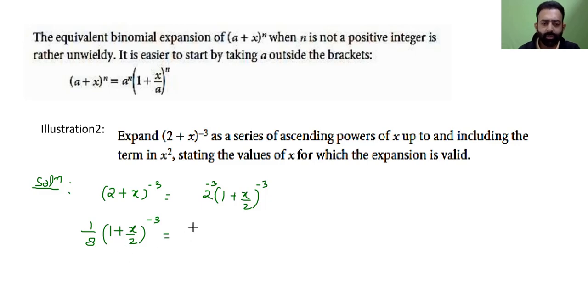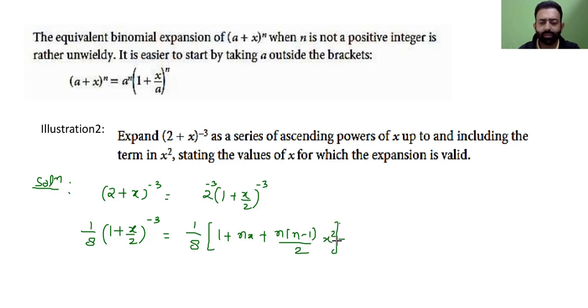This is equal to 1 by 8, 1 plus nx. We have to include till the term x square, right? So the expansion is 1 plus nx plus n into n minus 1 upon 2 x raised to power 2, so till that term we will include the terms, means till x square, right? So this is 1 by 8, and inside the bracket I have 1 plus nx plus n into n minus 1 over 2 into x square.